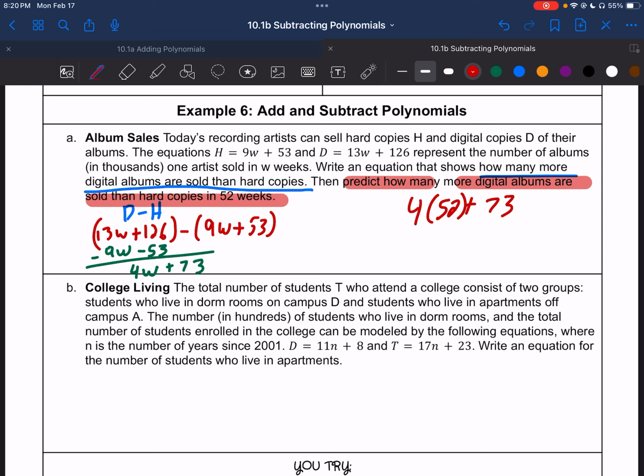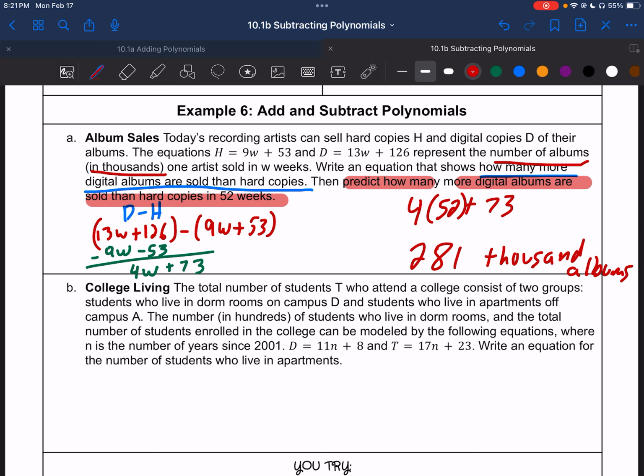And so when we multiply this out, we end up with 281,000 albums. So for this particular artist, they sold 281,000 albums more digitally than they did as hard copies. Okay, 281,000 more. And the reason it's 1,000 and not just 281, our units in the beginning were represented in thousands of albums, number of albums in thousands.